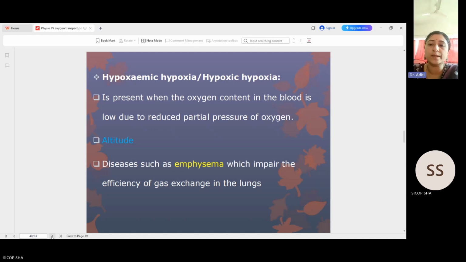The most common reason is altitude, wherein you have decreased partial pressure of oxygen. Diseases such as emphysema impair the efficiency of gas exchange in the lungs. So the oxygen content in itself is less in hypoxemic hypoxia. Next is anemic hypoxia.